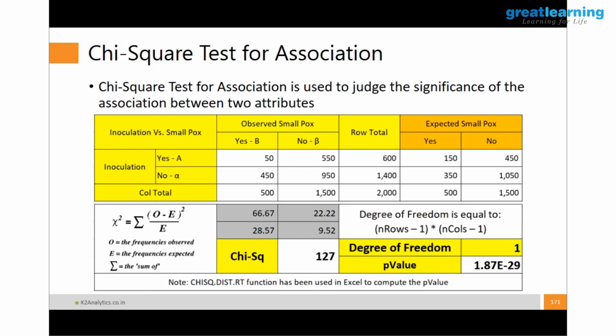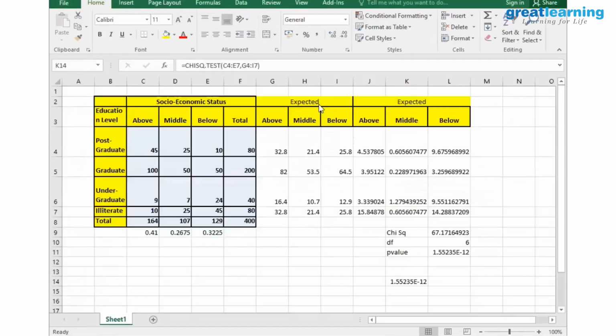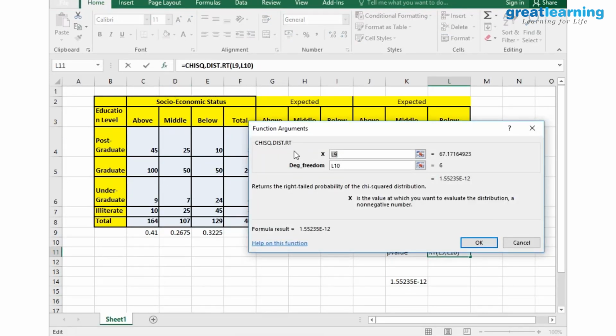X is a parameter name. Can you give a parameter name in Excel which is x square? No. Let's go here, equal to fx. Let's run this. What it says, x: x is the value at which you want to evaluate the distribution, a non-negative number.